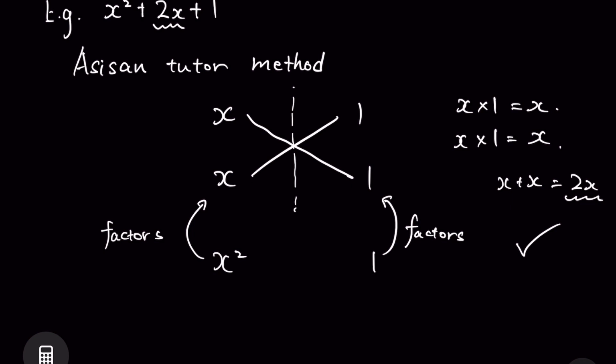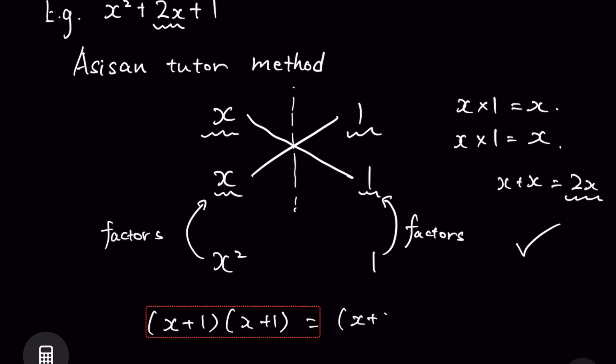Now we take the x on the left side and 1 on the right side, and we turn it into a bracket, and we do the same thing for the bottom, x plus 1. Now we can simplify, which is x plus 1 squared. So this is how you factorize.